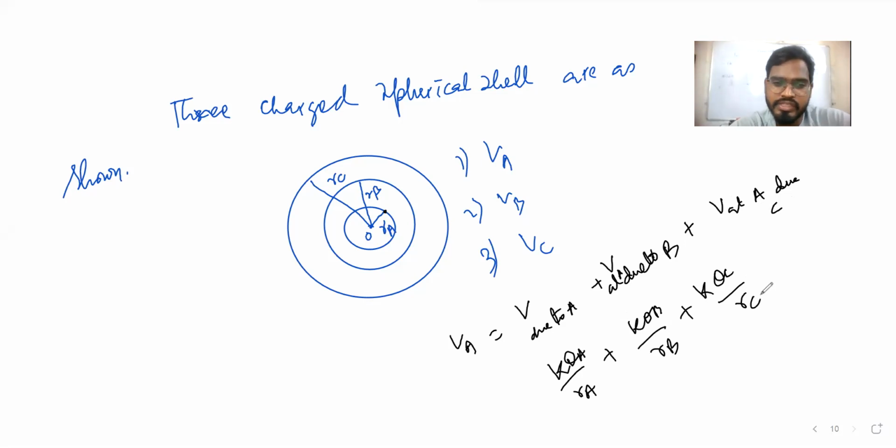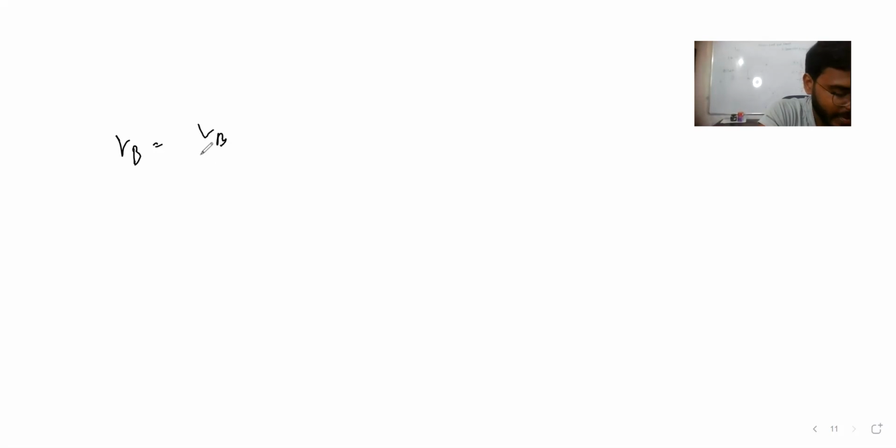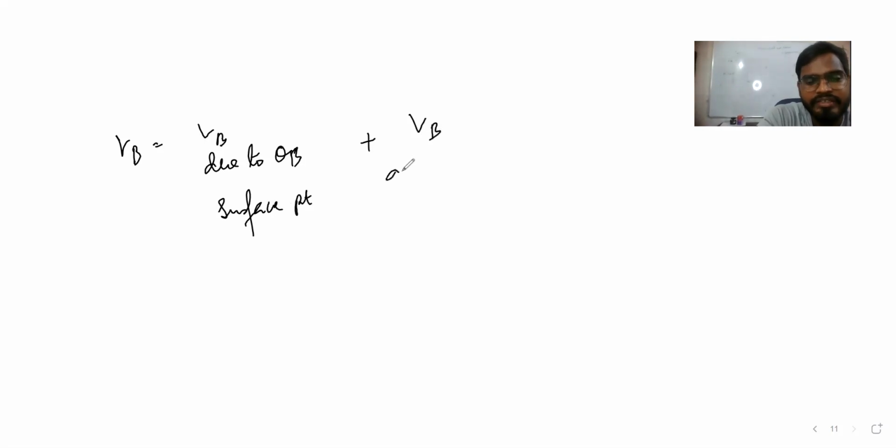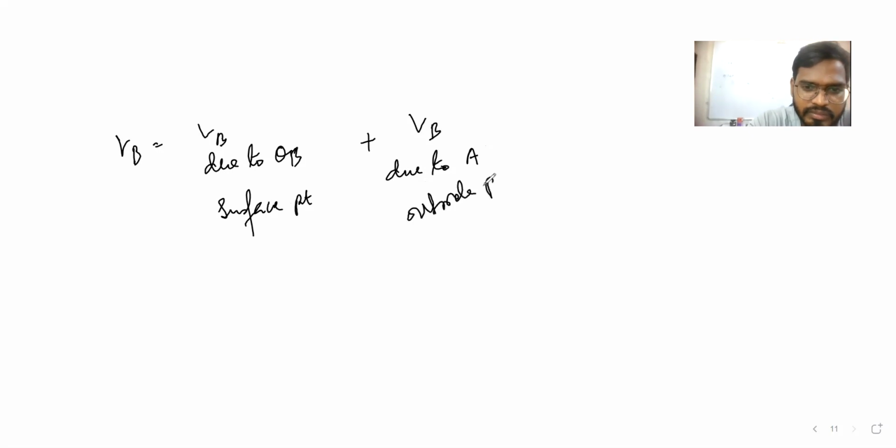Now potential at B, if you see, this will apply a potential, inside point on the surface itself. C will also be a point inside. For A it is outside, for B on the surface, for C inside. So at B, the potential due to QB, let's take QB first, is a surface point. Potential at B due to A, A is inside, but for A it is an outside point.